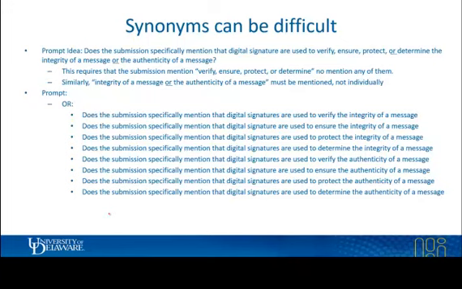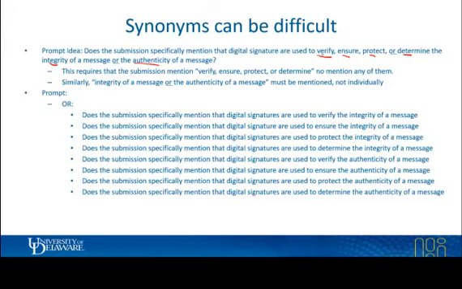Here's another example. Again, synonyms can be a problem because there can be a lot of context. There are synonyms in the context of the course. Here's a problem from cybersecurity, and we're looking for something that mentions verify, ensure, protect, or determine the integrity of the message or the authenticity.